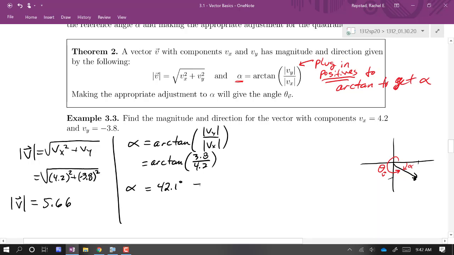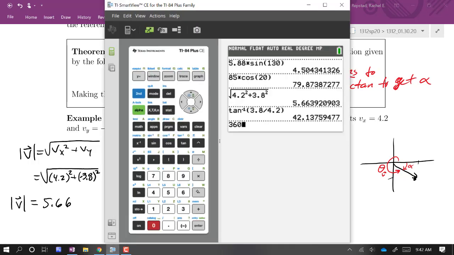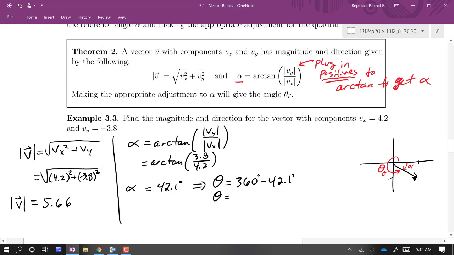And so our angle theta, how do we get theta? Subtract it from 360. 317.9.